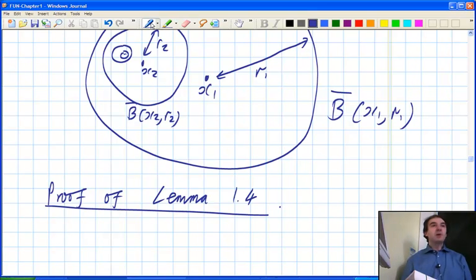Now, because the radii tend to 0, it's rather easy to prove there can't be more than one point in the intersection.